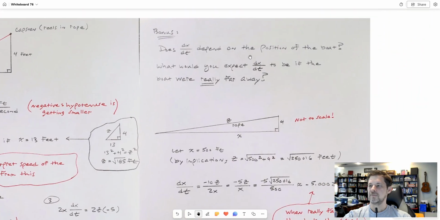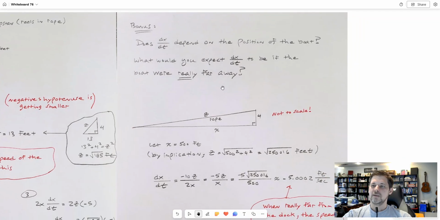That's my first question. My second question is, what would you expect dx over dt to be if the boat was really far away? There's a limiting aspect of the problem here. As the boat gets further away, dx over dt does something in particular. Just think about that for a second.